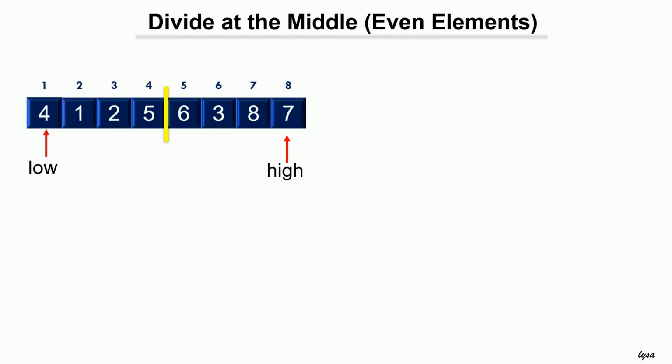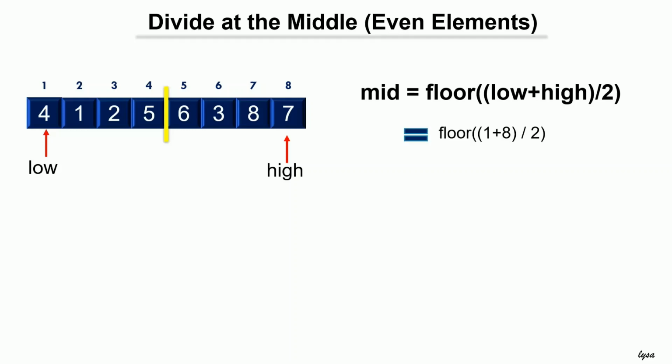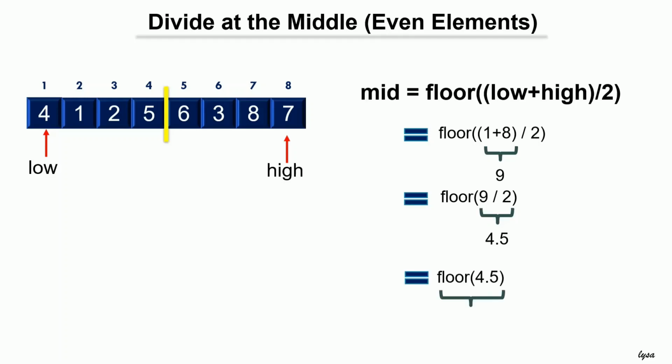Here low is equal to 1 and high is equal to 8. The formula for finding the middle value is mid is equal to the floor value of (low plus high) by 2. That is the floor of (1 plus 8) by 2. That is the floor of 9 by 2, which is nothing but the floor of 4.5, which is 4. The mid value is 4.